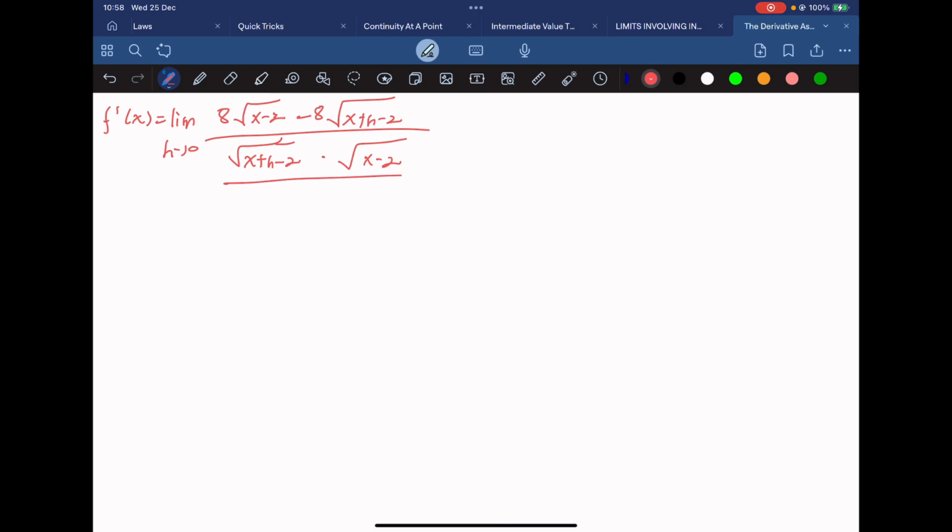All that we have to do is change this sign right here to positive. So we have 8 root of x minus 2 plus 8 root of x plus h minus 2, over the same thing, right?